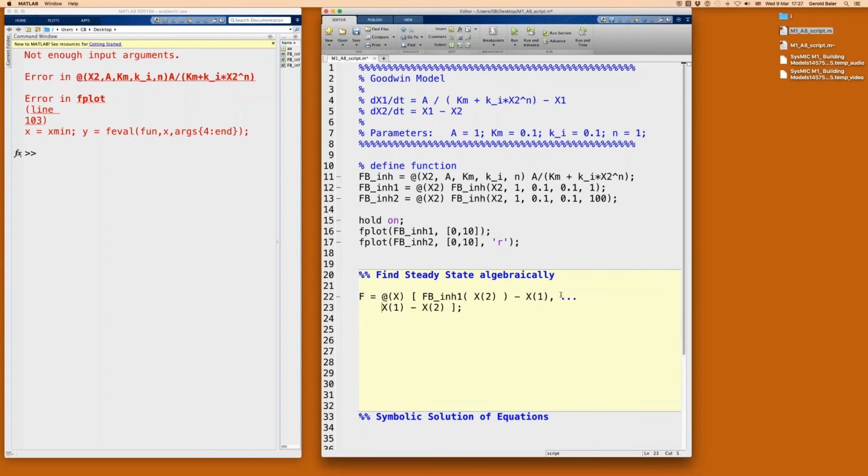So we can make it a little clearer if we just change this onto two lines. So we've got an anonymous function, taking a vector of two elements, x, and returning a vector of two elements, which is the rate of change of x1 and x2.